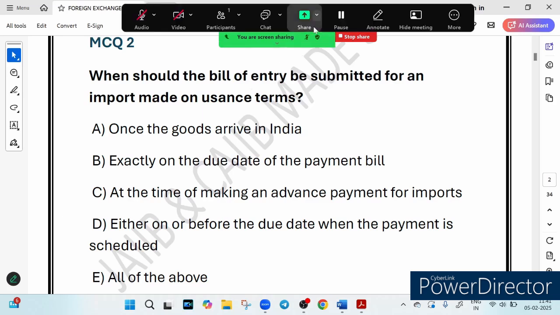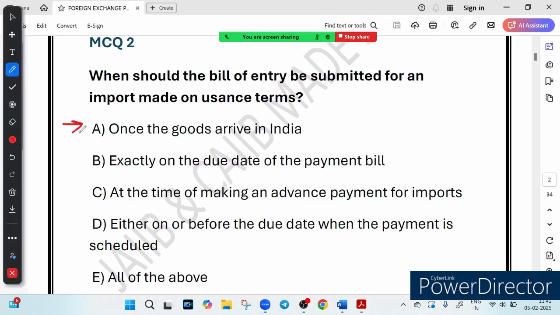So let's go through the first option: once the goods arrive in India. It seems logical, but it is not always correct. When goods arrive, they go through customs, but that does not mean that the bill of entry must be submitted immediately.